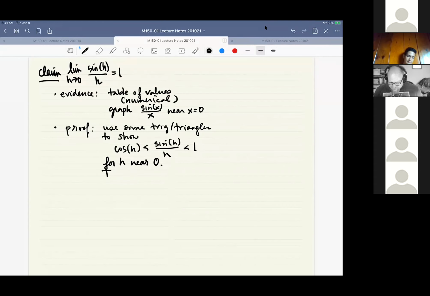Then if you take the limit as h goes to 0 of all of it, the squeeze theorem proves your result.